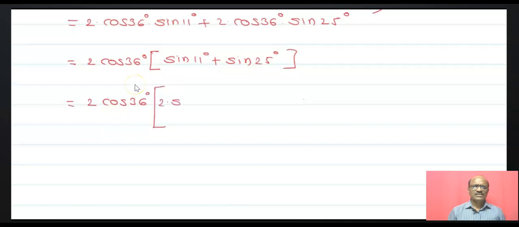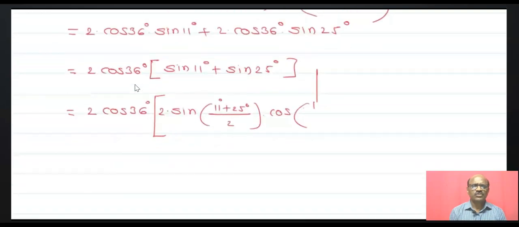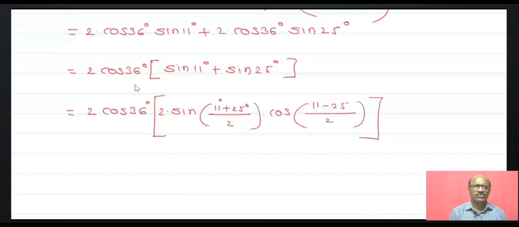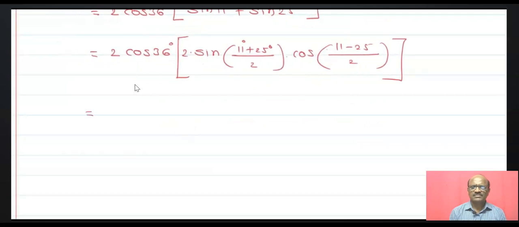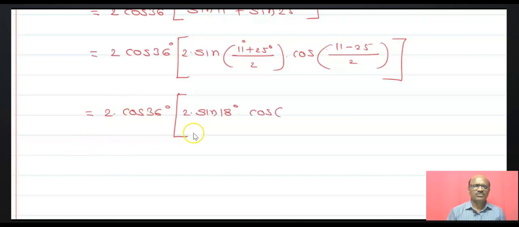And here we will apply the formula, that is sin c plus sin d, that is 2 times sin of (c plus d) upon 2 into cos of (c minus d) upon 2. That is (11 plus 25) upon 2, and (11 minus 25) upon 2. And that's why you will get 2 times cos of 36, 2 times sin of 18, that is 36 upon 2, 18.